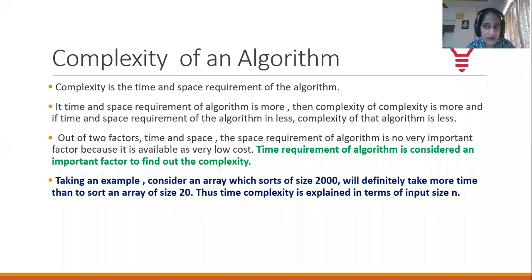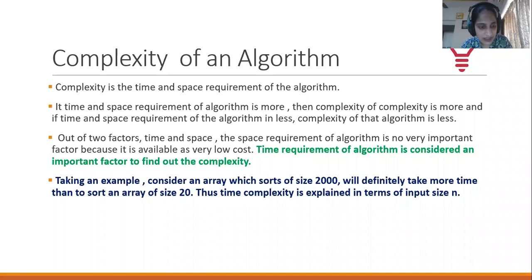Because we are not aware of the input size, at a very preliminary level at least we can understand the time complexity, whether the algorithm is going to behave well or not, on the basis of the size. Here it does not mean that the time analysis of the algorithm changes if the input size is more or less.